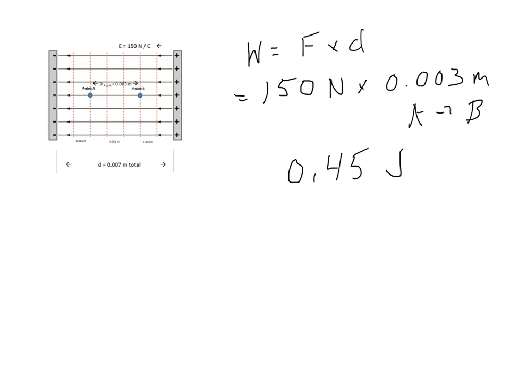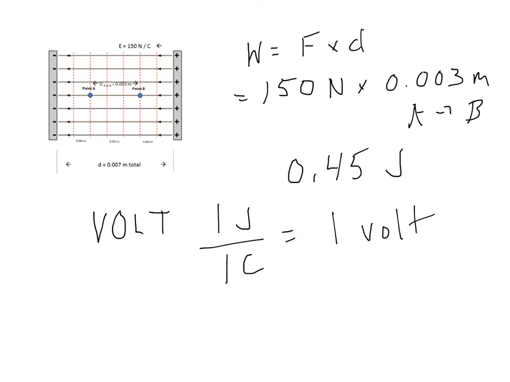Now a volt is defined as 1 joule of potential energy change per coulomb of charge. So 1 joule per coulomb is 1 volt. So what we see here is that we've defined the potential energy change by making our calculation as 0.45 joules for a 1 coulomb charge.